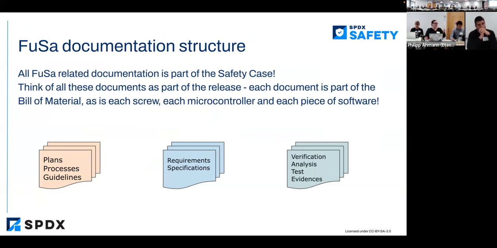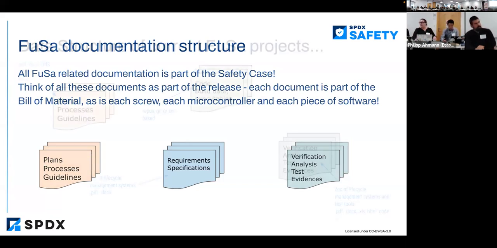We have the plans, processes and guidelines defining what we want to do or what we need to do. We have a bunch of requirements and specifications, so that's really grouping everything from high-level requirements over architectural descriptions to design. And we have all this verification stuff: test cases, safety analyses, logs from here, from there. So that's the big three groups that we have.